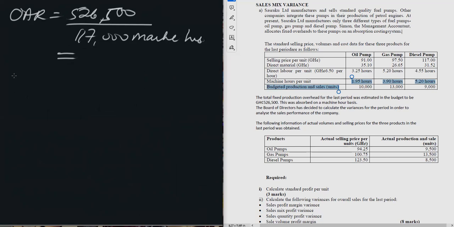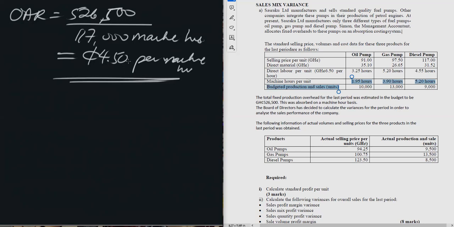And that gives us 4 cedis 50 pesos per machine hour. So for every machine hour that is used, we incur 4 cedis 50 pesos for overhead.